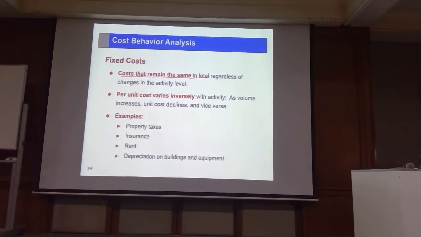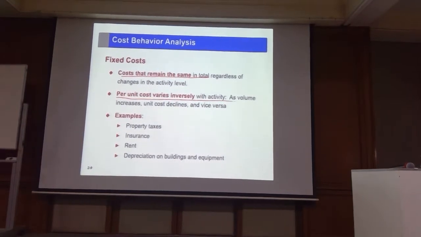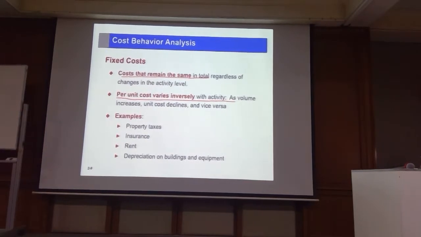And how about per unit? The per unit cost tends to vary inversely with activities, okay? It means that if you produce more, the fixed cost per unit will decrease, right? So this is the example of that. Depreciation expense for the building.